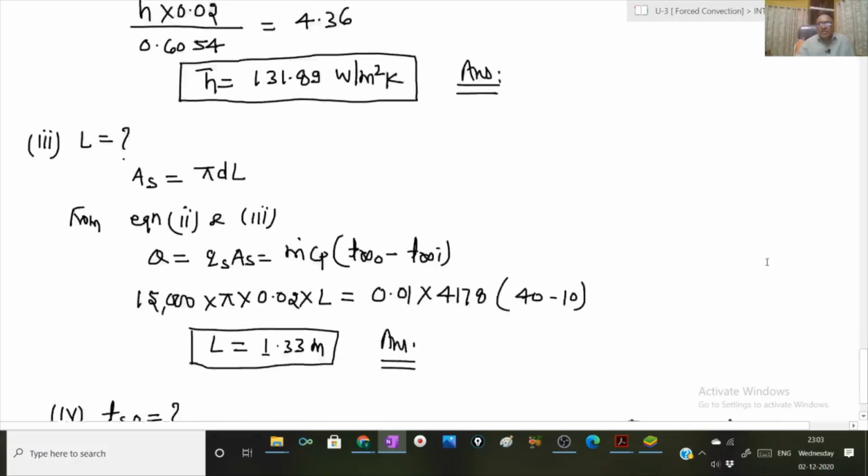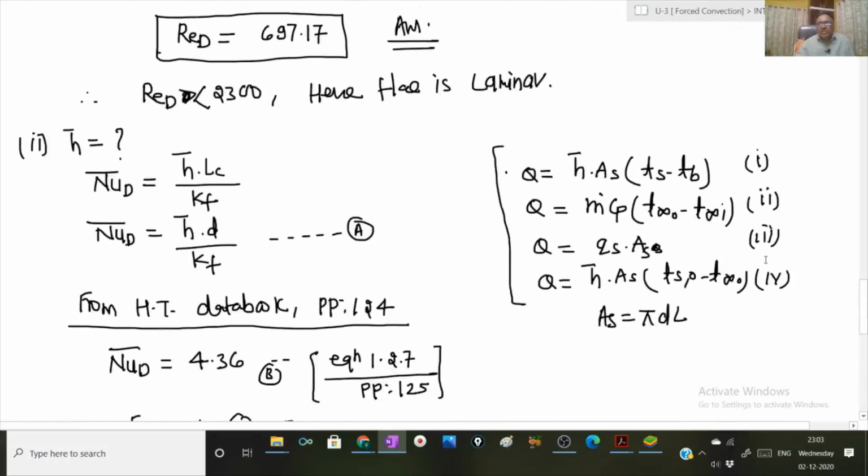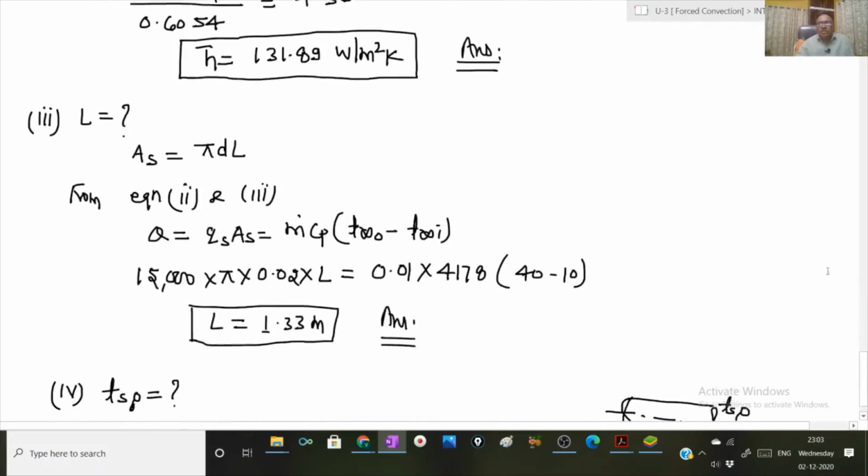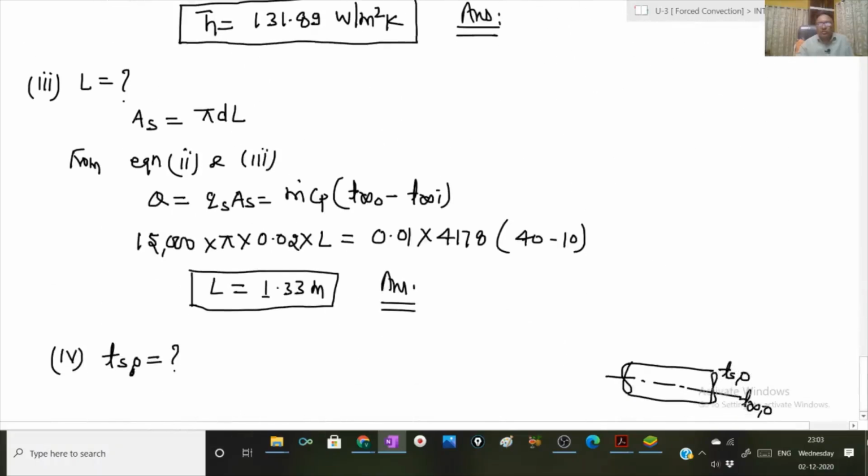Why am I taking all these equations? Q is equal in 1, 2, 3 and 4 because under steady state condition the heat transfer rate will be the same, whether it is represented by equation 1, 2, 3 or 4.